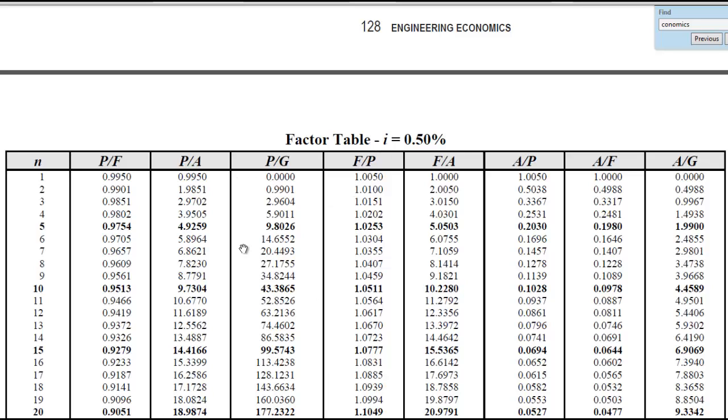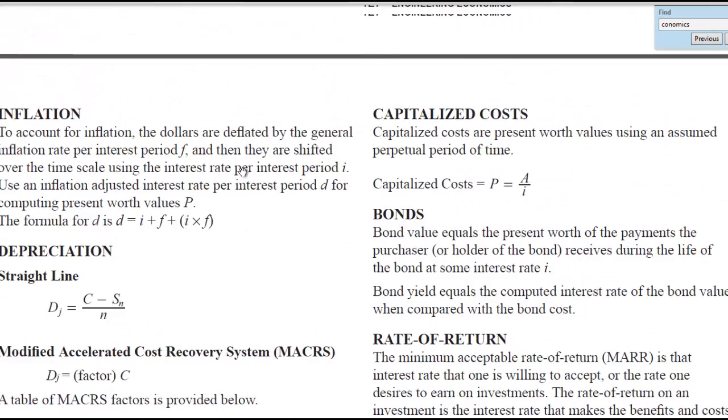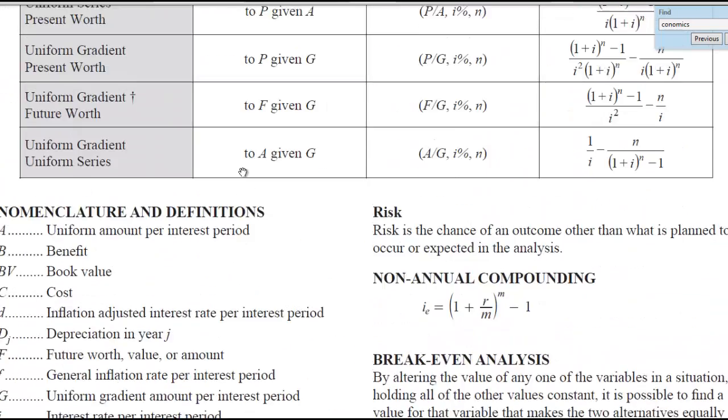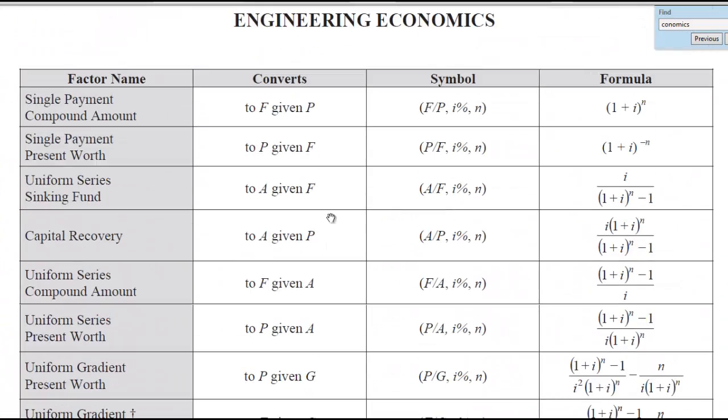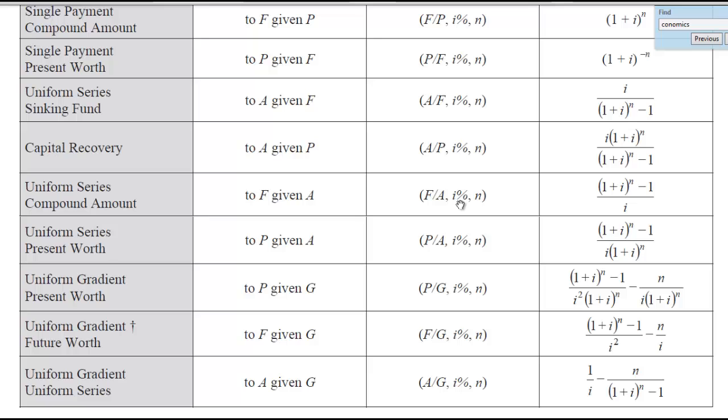So for i, you have these values over here, and it's a lot easier. You have your years, and then present value given F, present value given the annual amount. We want to go that route instead of the formula route. We could use the formula, but it's not helpful and would be way too long.